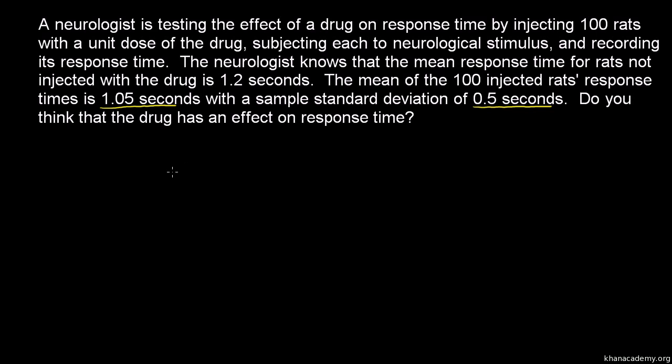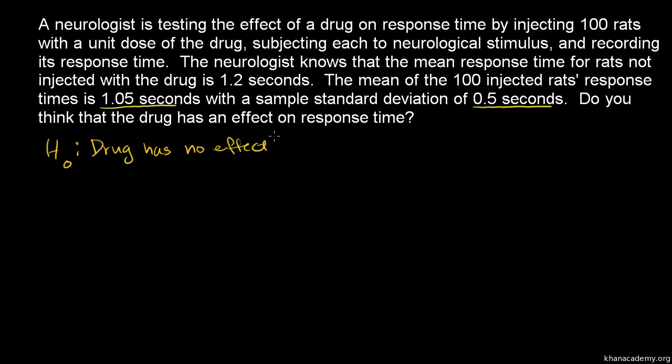So to do this, we're going to set up two hypotheses. The first hypothesis, we're going to call it the null hypothesis, is that the drug has no effect on response time. Your null hypothesis is always going to be, you can view it as the status quo. You assume that whatever you're researching has no effect. So the drug has no effect.